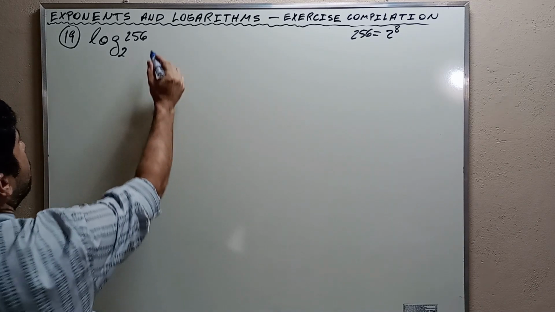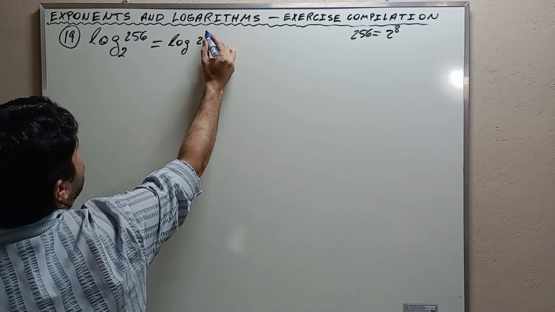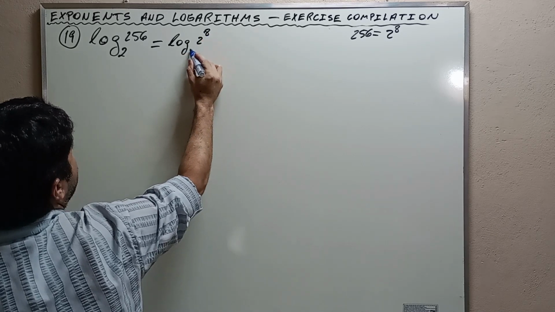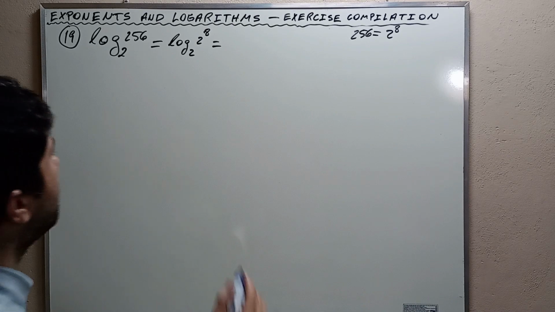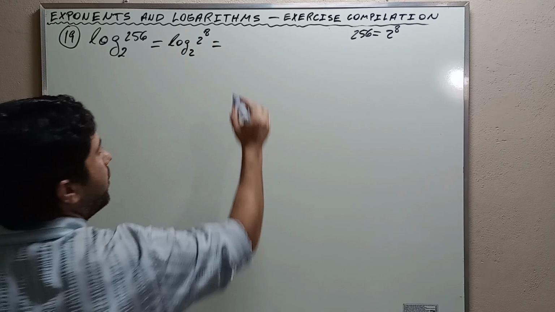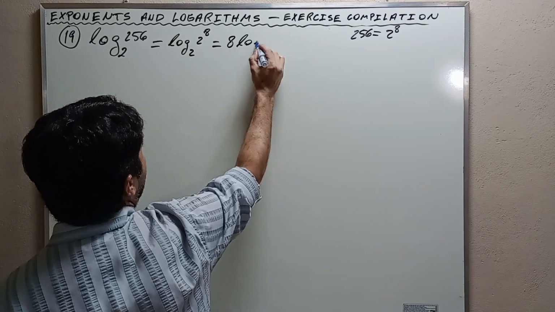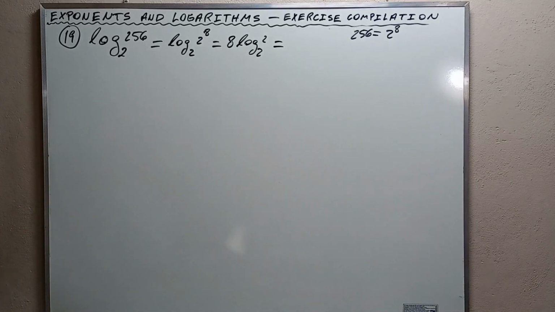And converting, it becomes the logarithm of 2 to the 8th power base 2. And use one of the properties that I just wrote on board, you're going to remember that we can pass this power multiplying 8 times the logarithm of 2 base 2, and resorting again to the identities that I wrote on the board.